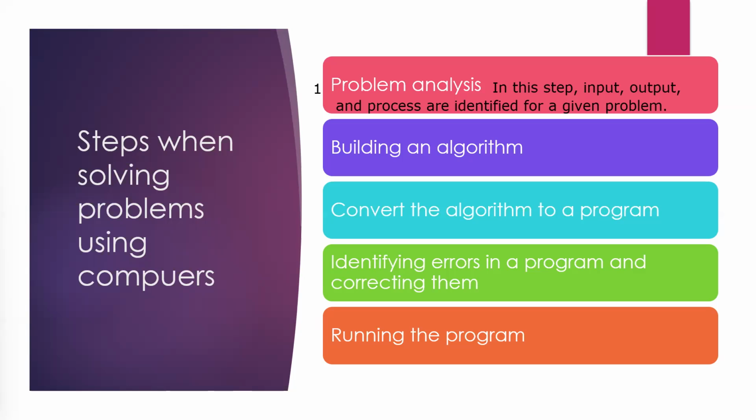Good. What is the output? Devni also said. Neha also said. The output is, yes, the area of a rectangle, isn't it? The input is length and the breadth. And the output is the area of a rectangle.